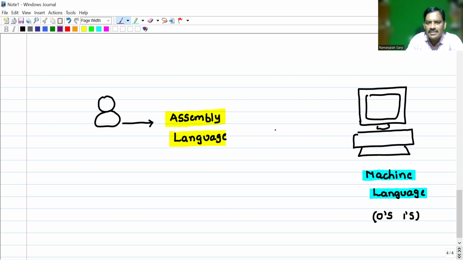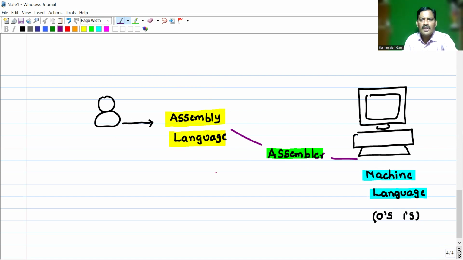What is a translator? Here, assembler. Assembler is a translator or a converter which converts assembly language into machine language.